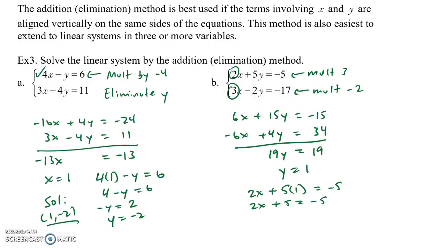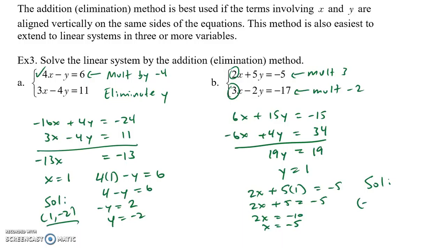If we subtract 5 from both sides, that gives us 2x equals negative 10, and dividing both sides by 2, x equals negative 5.